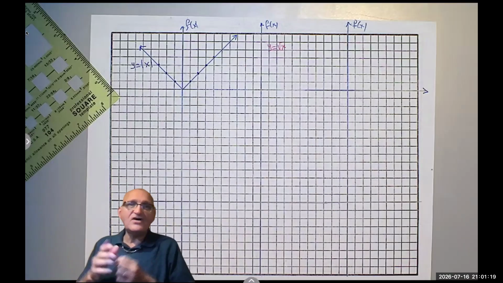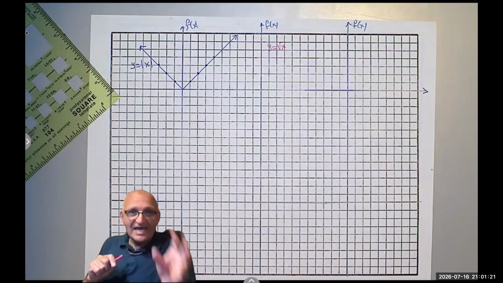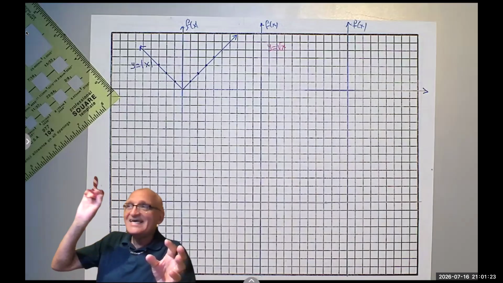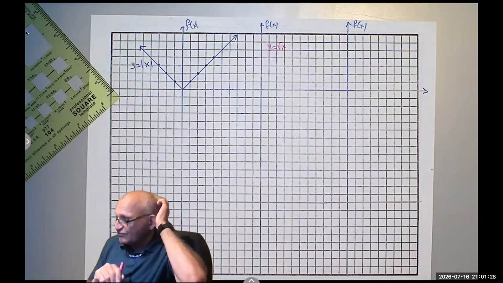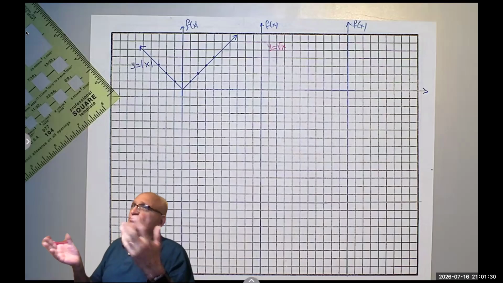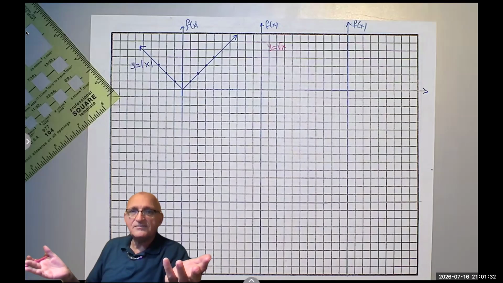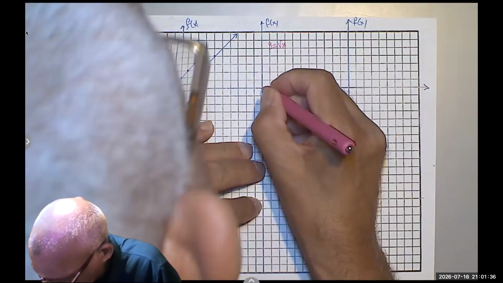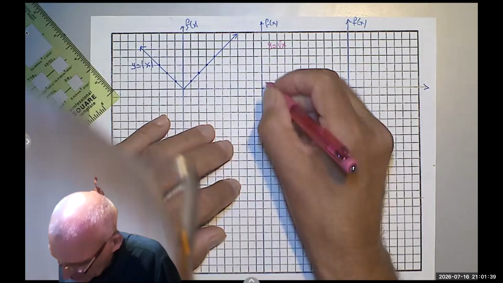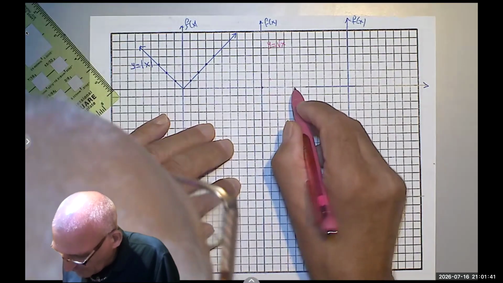Remember we said for a function, every value of x has a unique value of y. I cannot have multiple values of y. So if I say square root of 4 is plus or minus 2, which one is it? Let's do it and then we'll see. Square root of 0 is 0. Square root of 1 is 1. Square root of 4 is 2.